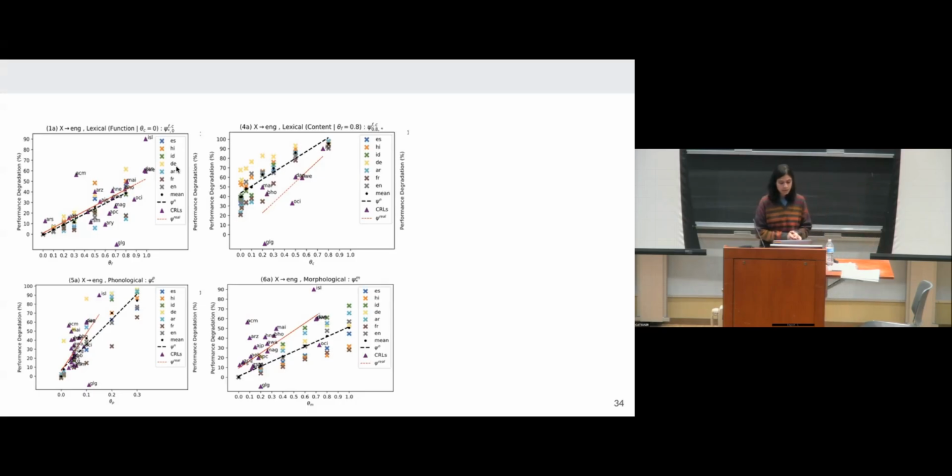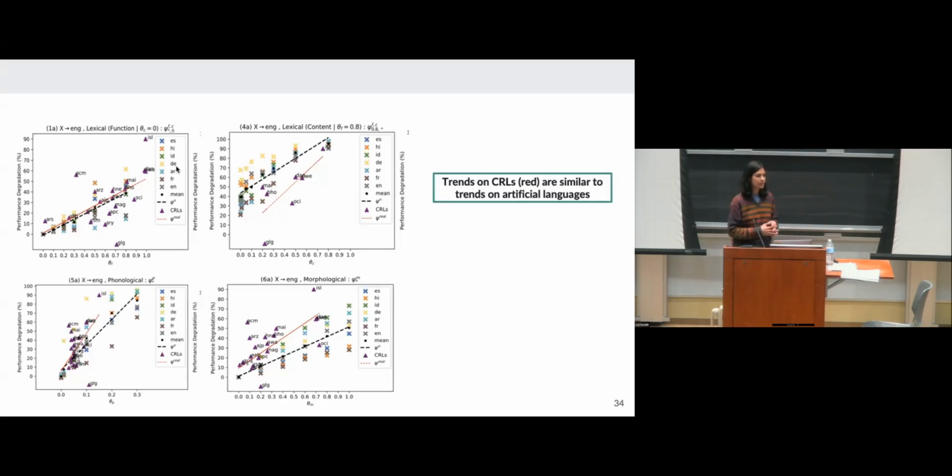And then we can look at whether we get roughly similar trends as the ones that we computed on the artificial languages that are shown in black. So ideally we would want these trends to look a little bit similar, and they do, which is a good sign that our noises are capturing something that is useful in understanding performance degradation.